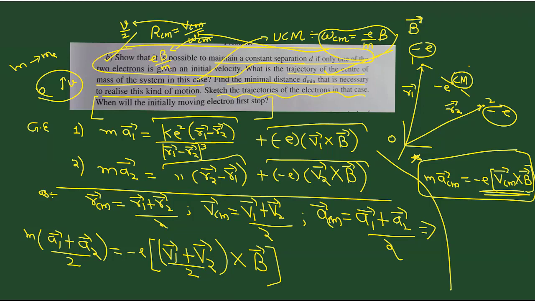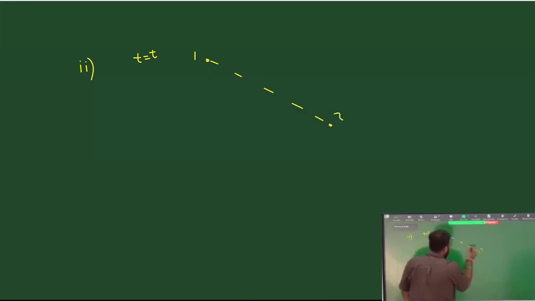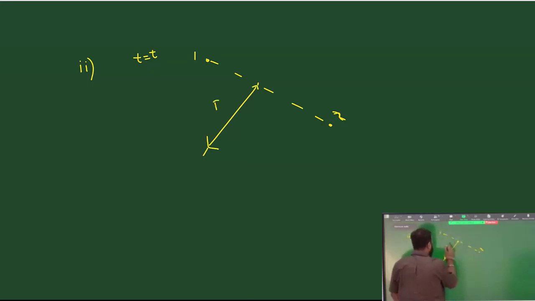So now, I'll go back to the combination again. Now I am entering the second segment of the problem. Take your particle 1 at a general time t, and somewhere this particle 2, and there is this center of mass having position vector R_CM.